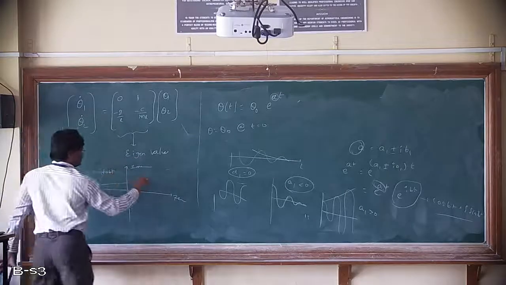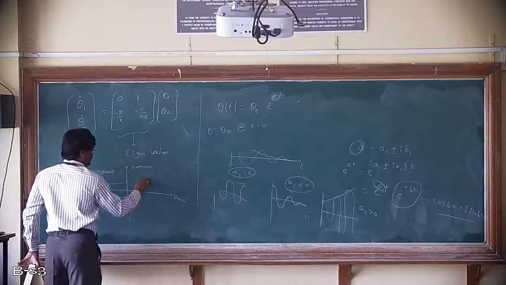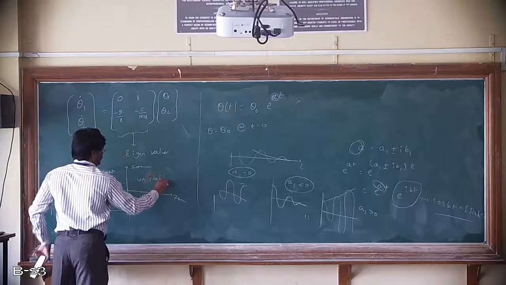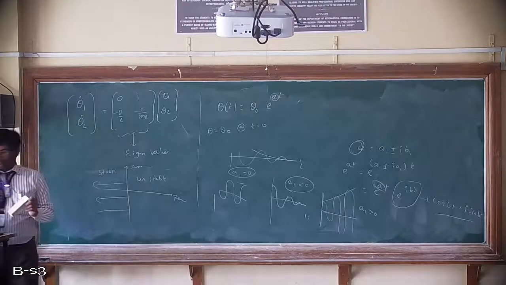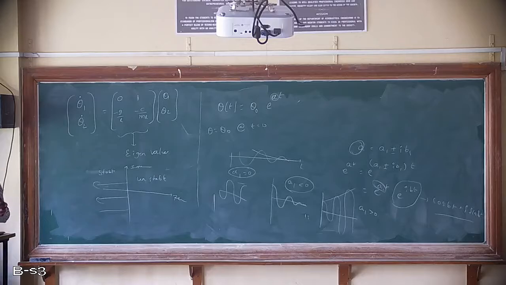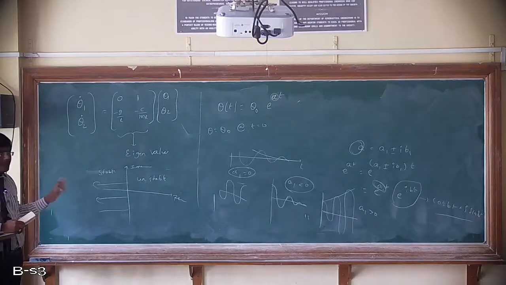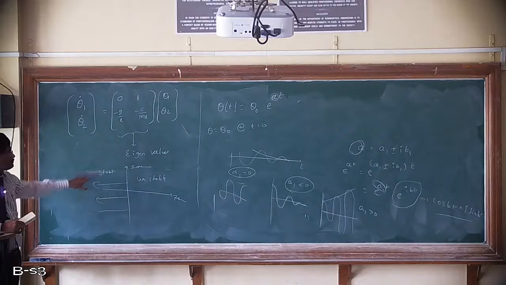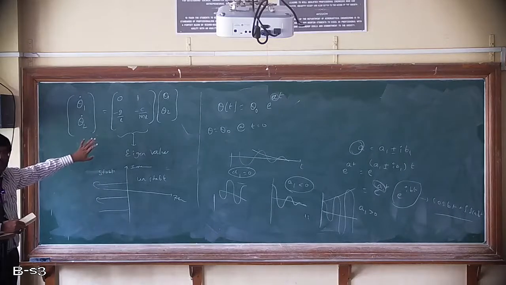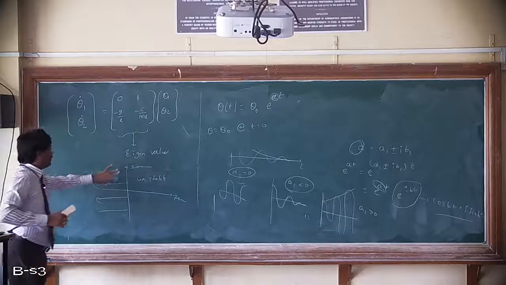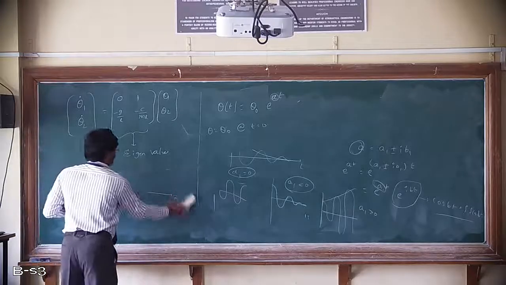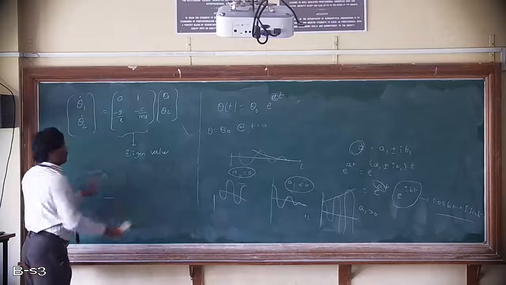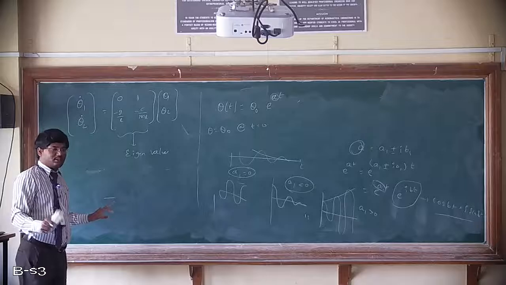If the eigenvalues are on the right hand side, that is unstable. Everyone, any questions here? Eigenvalues of the system are negative only. Okay, good.